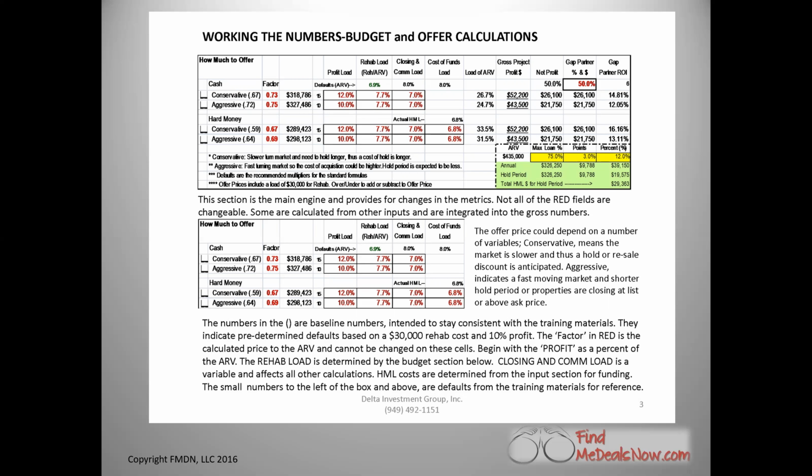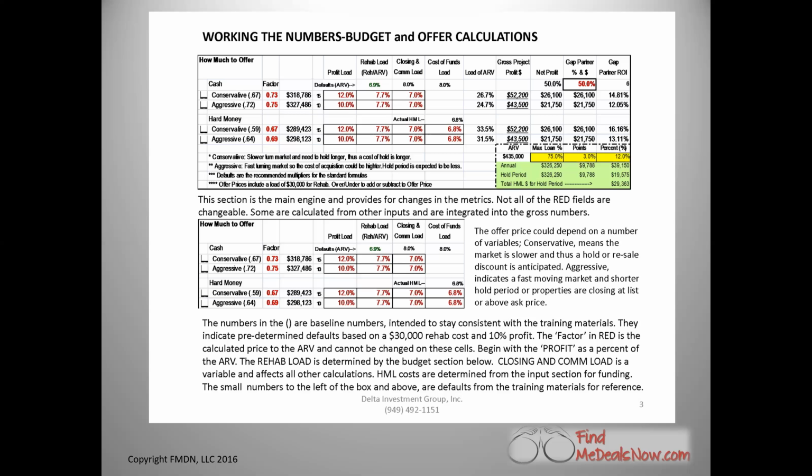If you can buy the property and sell it in 30, 60, 90 days, you might call that an aggressive. But if you're going to have to put in the time, and whether the market is shifting, time of year, holidays, all those other variables, you may have to hold on to this property for longer than what would have been a period designated as aggressive. We call that conservative.